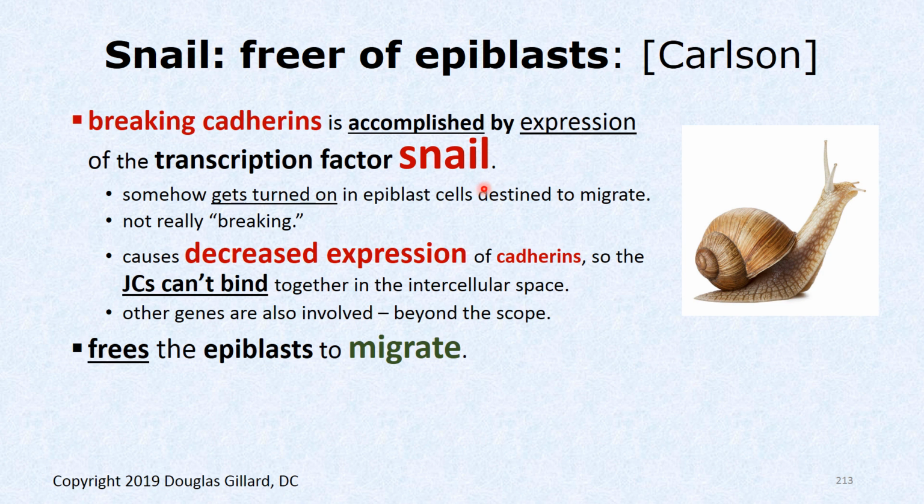So snail gets turned on, and it literally decreases the expression. Snail turns off the genes that make the cadherins. Without cadherins, as they finally can't be replaced, no new cadherins are formed, the cells can't bind together, and now they're free to migrate when they get the signal.